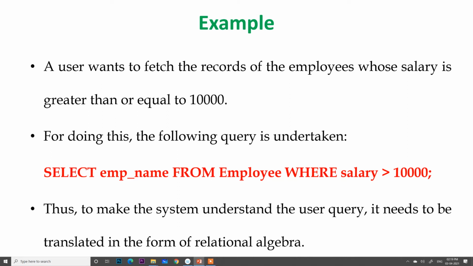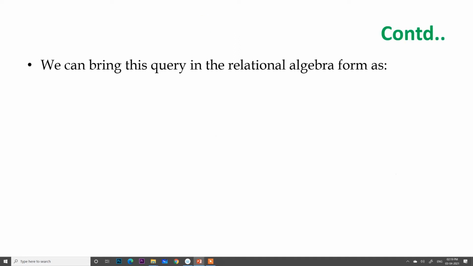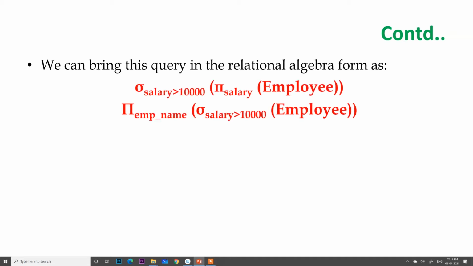This will be converted into a form of relational algebra. Sigma is the select operation. We have already seen the relational algebra operations, like select and project, in the previous videos. So here we have used a combination of select and project operations.